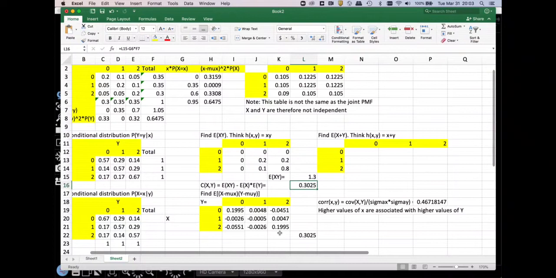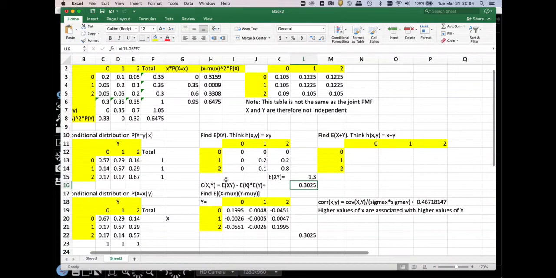Now, I don't think I'm going to do this in this video, but if you don't believe me that my results are correct, you could define an h function and evaluate that h function for every possible combination of x and y, and then add the product of that h function with the probability values, and you should get exactly the same mean that we got, which was 2.